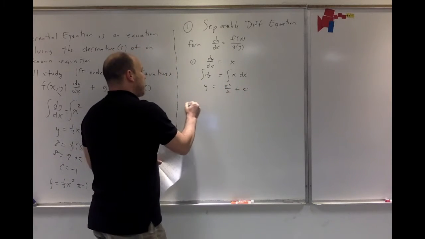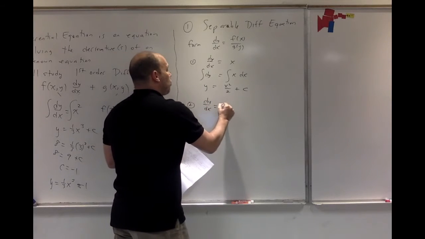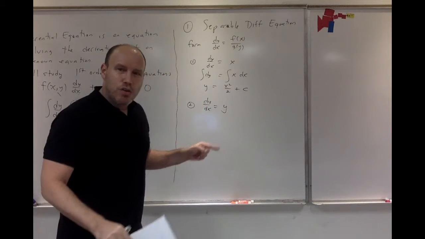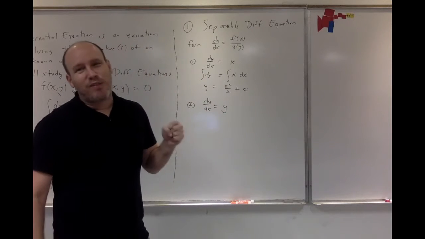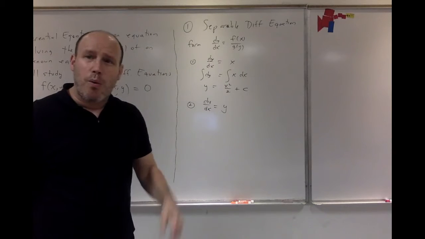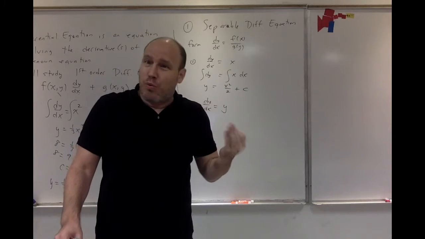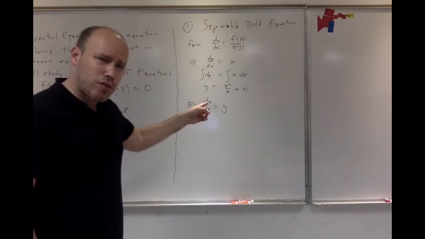Well, let's get interesting. Dy over dx equals y. Here's your first real college level differential equation. Here we're saying a function is equal to its derivative. Well, we know it's e to the x because we just studied that. Let's see how this works out.